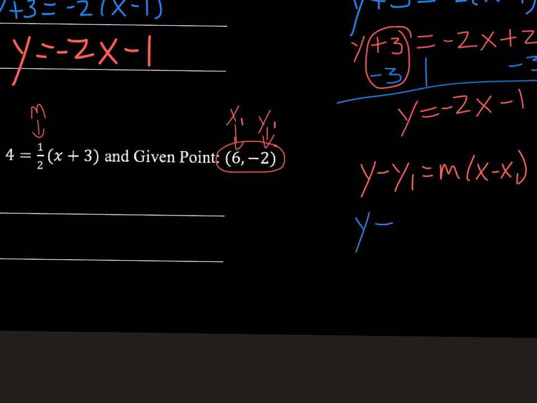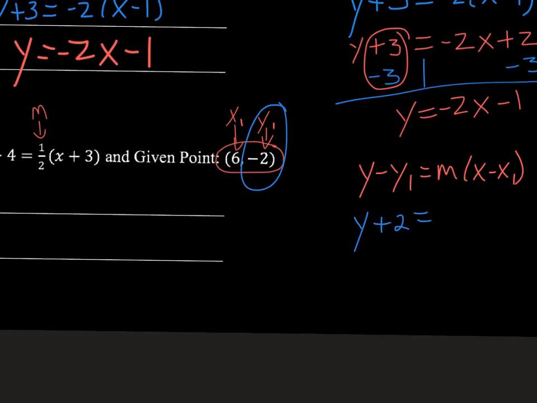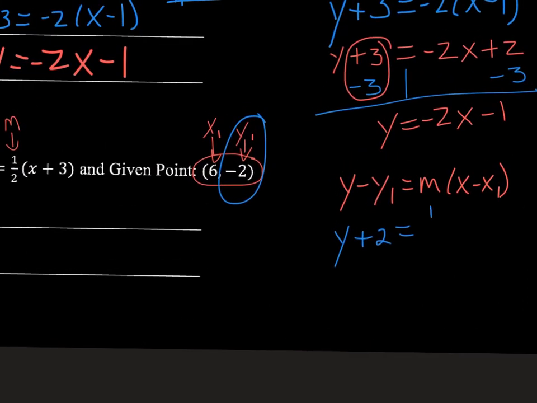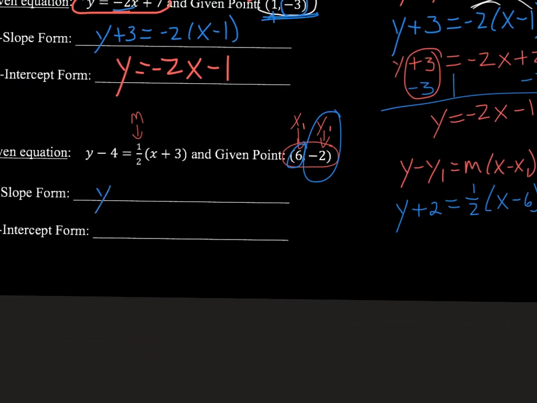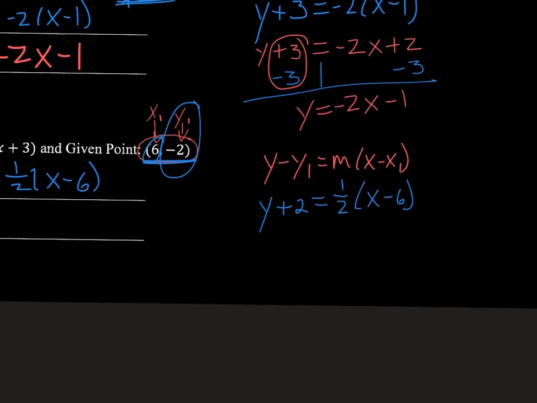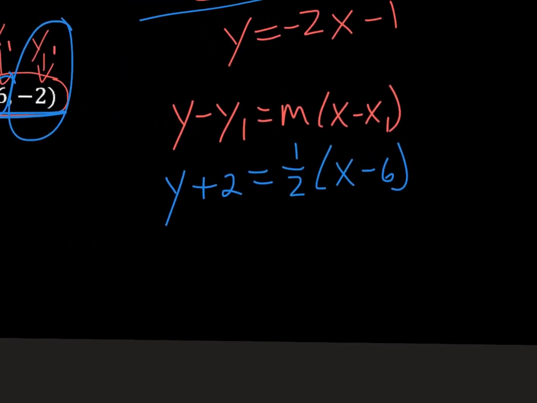So I have y minus the y coordinate, which was negative 2, becomes plus 2. The slope, 1/2. We need equivalent slopes for parallel lines. And then I'm taking my x coordinate, 6. So now I have an equation that is parallel to the given equation, and it travels through this ordered pair, 6, negative 2. y plus 2 is equal to 1/2 x minus 6. Now I will quickly convert this into slope-intercept form.